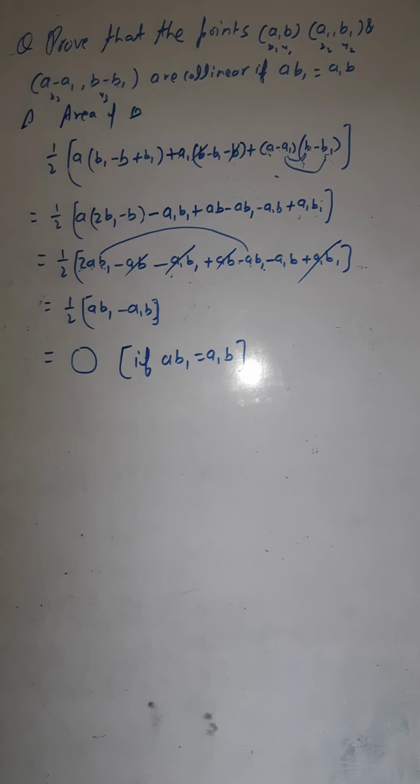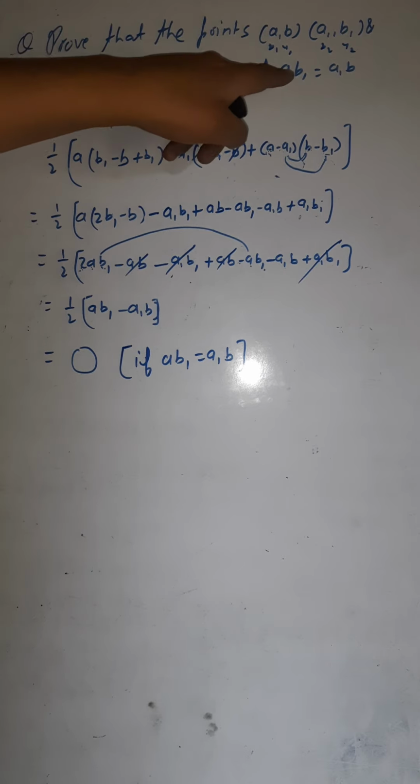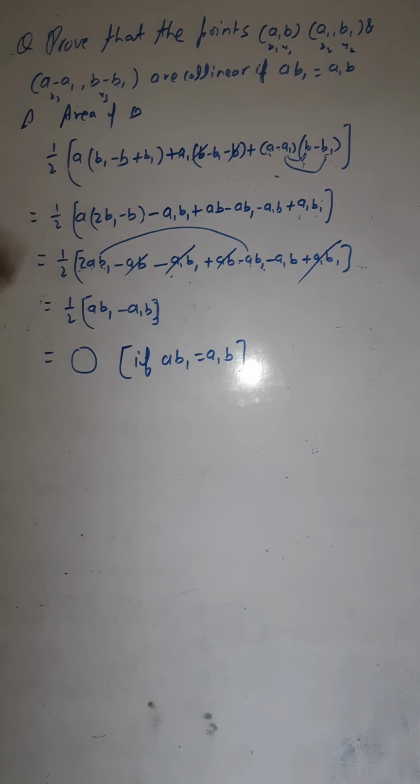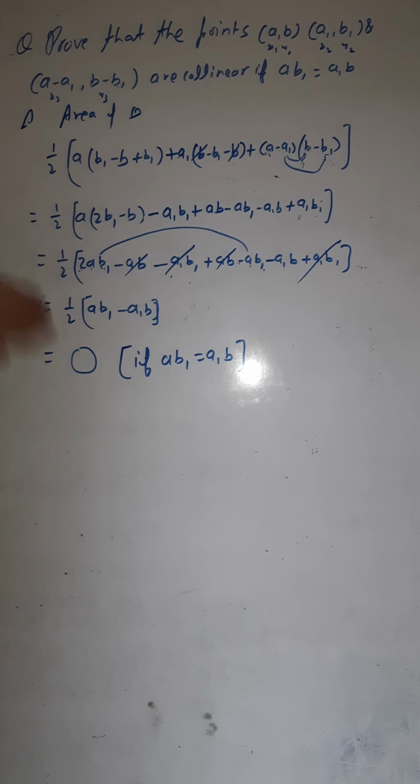This is the condition. So that was the question. Question was, prove that these points are collinear if this condition ab1 equals a1b. Yes, these 3 points will be collinear if ab1 is equal to a1b. We have verified it.